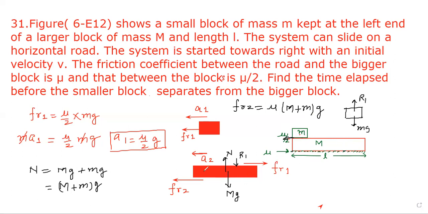So the net force acting on the lower block will be equal to capital M times A. Let the acceleration of this bigger block be A2. So M A2 equals the total force, that is Fr2 minus Fr1. Fr2 is mu times capital M plus small m g, minus Fr1, which we found as mu by 2 small mg.